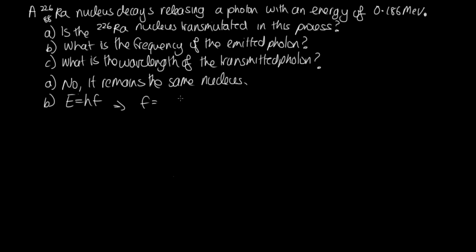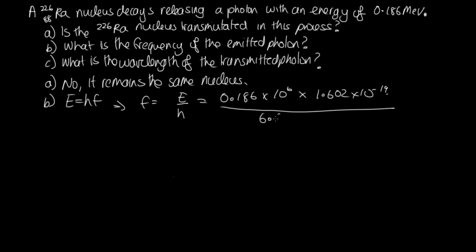So the frequency is equal to E on h, which is equal to 0.186 times 10^6, and then to get it into joules we do it times 1.602 times 10^-19, and then h, that's Planck's constant, 6.626 times 10^-34. And so then solving this on the calculator, we get 4.50 times 10^19 hertz.